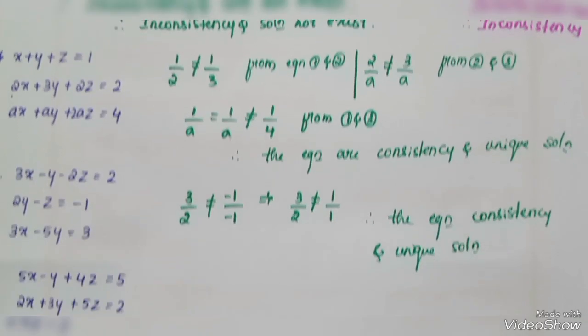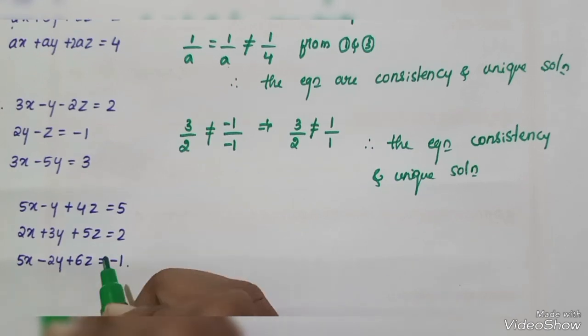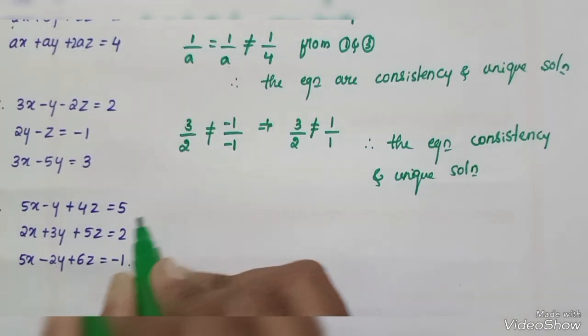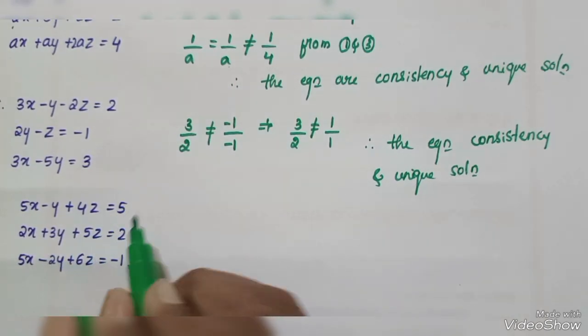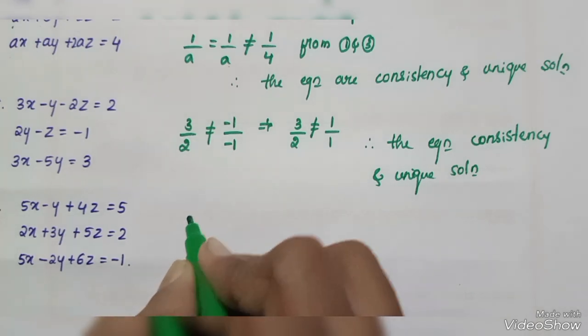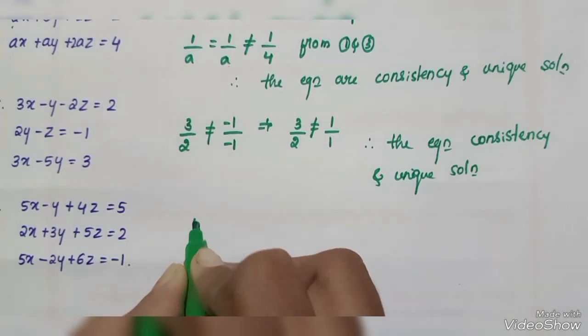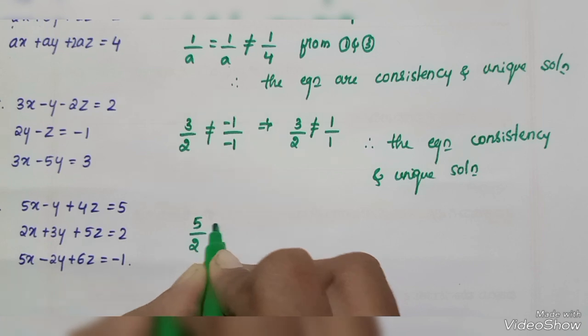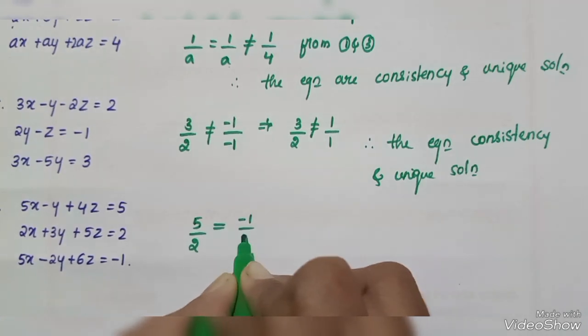Now I am checking the sixth question. Here I am first considering the first two equations. 5 divided by 2 is not equal to minus 1 by 3.